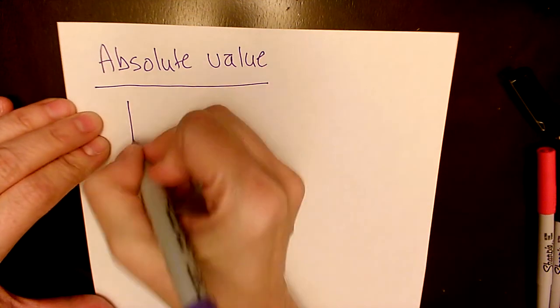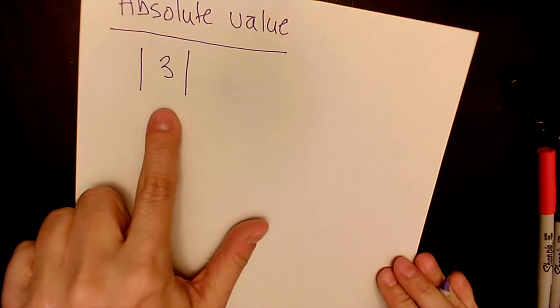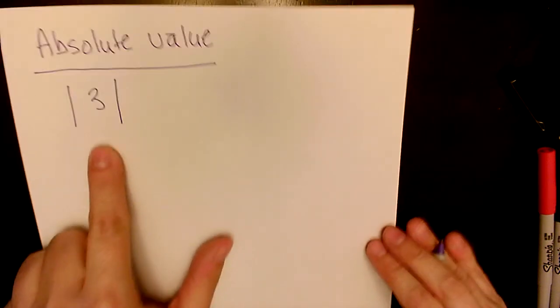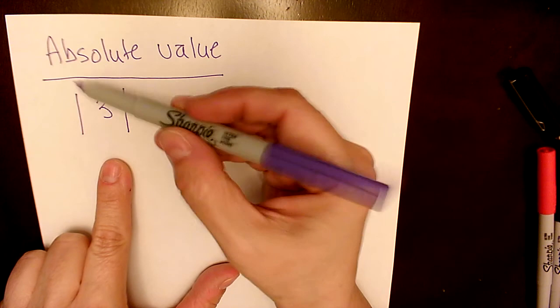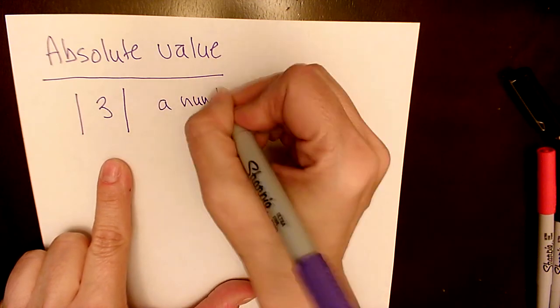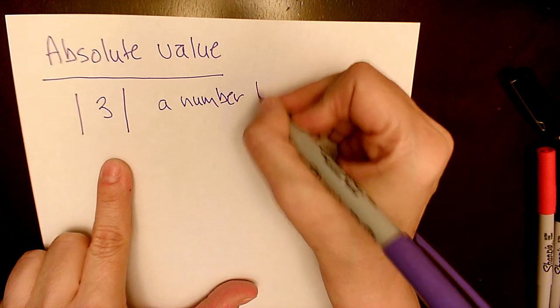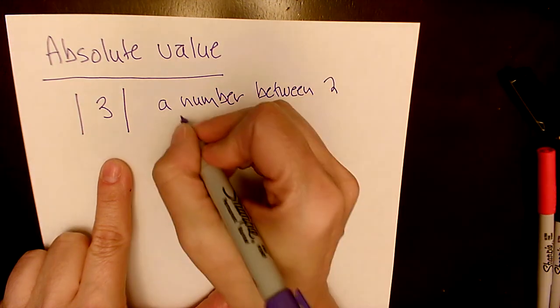And absolute value looks like this. It has some type of number between two bars.